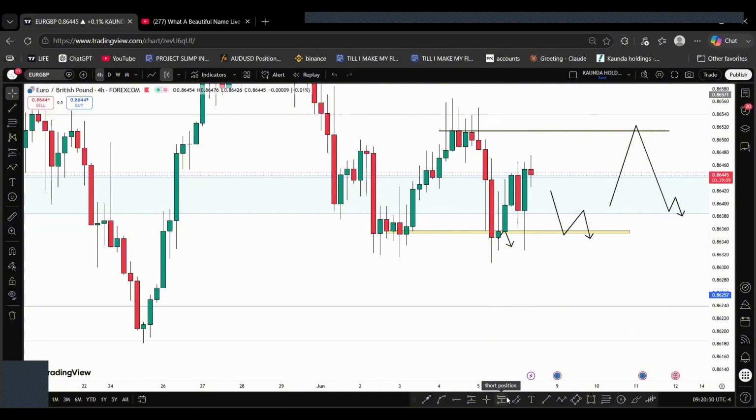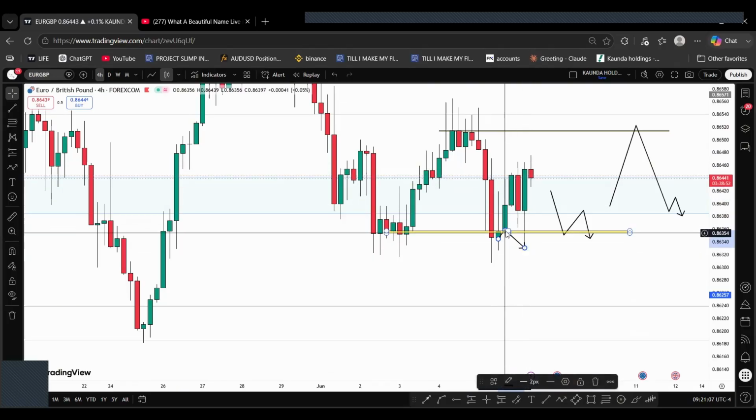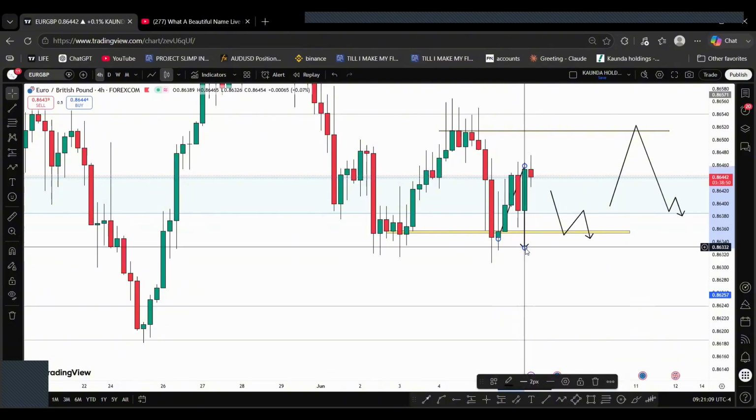But as you can see, price ends up breaking inside, right? The only way we can say what I told you is if price breaks outside of this zone here.